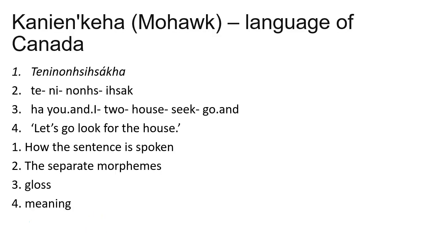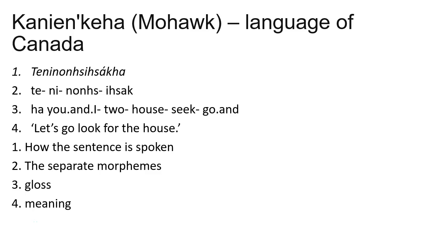So let's have a look at Mohawk, Kanyen'kéha, okay, which is a language of Canada. Now, I don't know if we have any Mohawk speakers among us. I have met Mohawk speakers, but I don't think we have any in our cohort. But it is possible for us to look, with the help of other Mohawk speakers, at the morphology of Mohawk. So what we can do is look at the word, which, as I told you, is in italics.